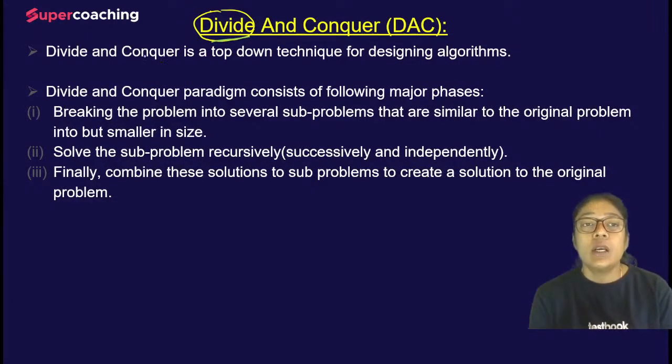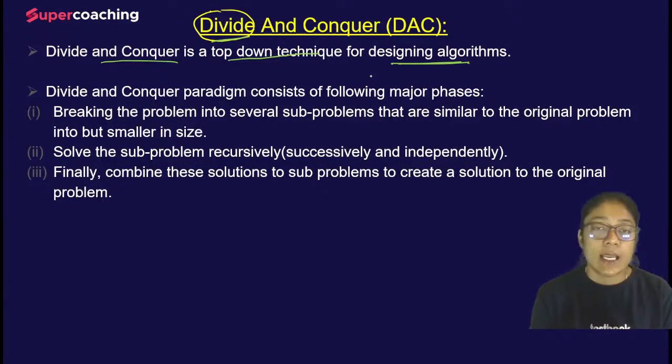So first of all, divide and conquer is a top-down technique for designing algorithms. To design algorithms, we follow a top-down approach. Why is this known as a top-down approach?